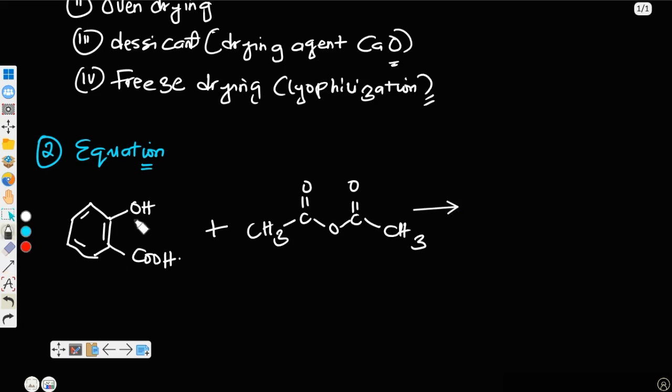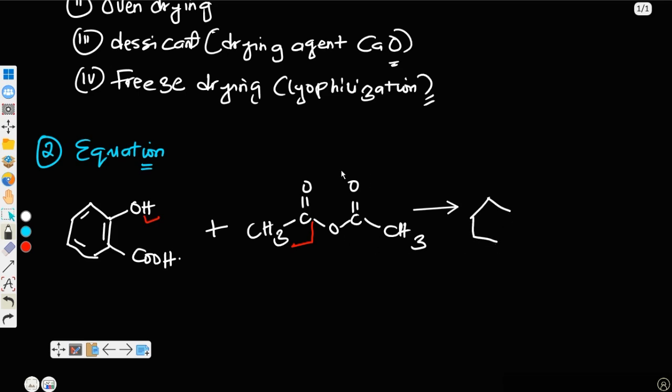This is going to give us a situation where this hydrogen here is substituted with the acetyl group, which is from here. So what are you going to have? You remove this hydrogen, put the group from here into this equation. It's going to give us aspirin.